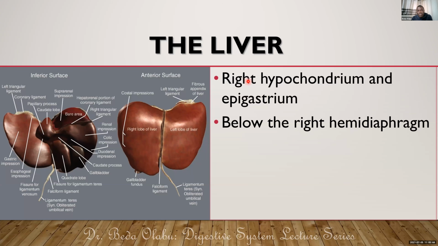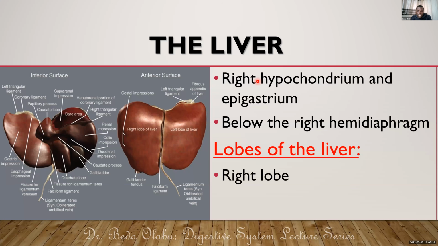Usually the right lobe of the liver will be the one in the right hypochondrium, and the left lobe of the liver will be in the epigastrium. And we know that the liver is below the right hemidiaphragm predominantly. Anatomically, there are two key lobes of the liver, although sometimes we talk about 4 lobes of the liver.